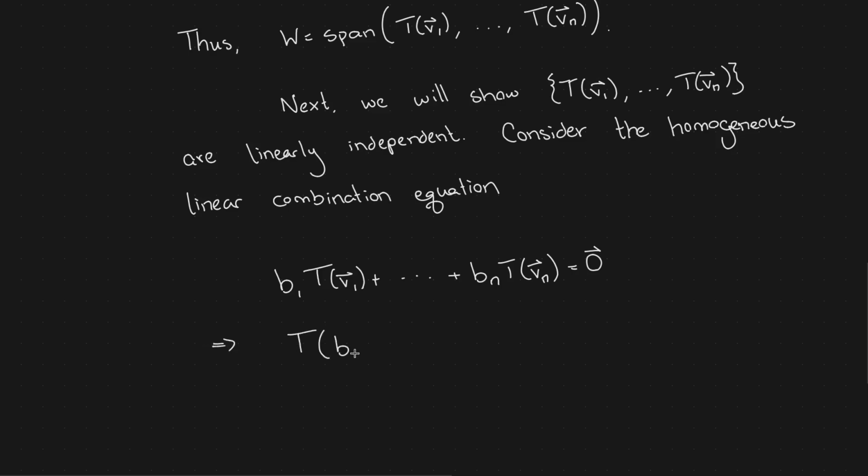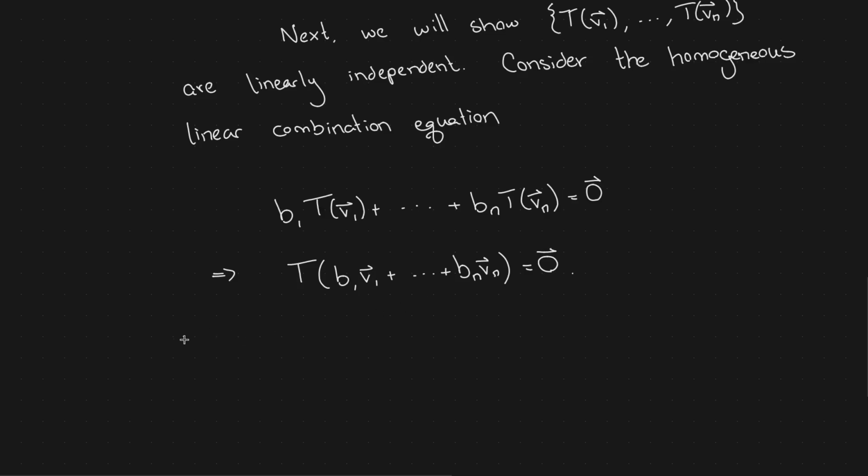I'm going to put everything back together: T(b1 v1 plus ... plus bn vn). Combining the linear combination, putting it all inside the transformation, the transformation of this single vector must equal the 0 vector, right?